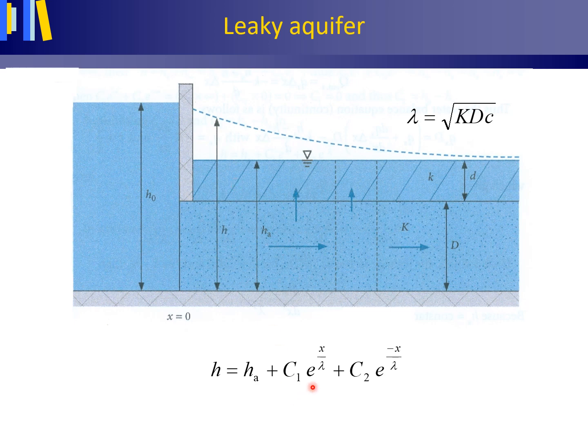E is the base of the natural logarithm, a mathematical constant approximately equal to 2.71828, etc. X is the distance from x is 0, and lambda is the leakage factor in meter, and lambda is the square root of Kd times C.